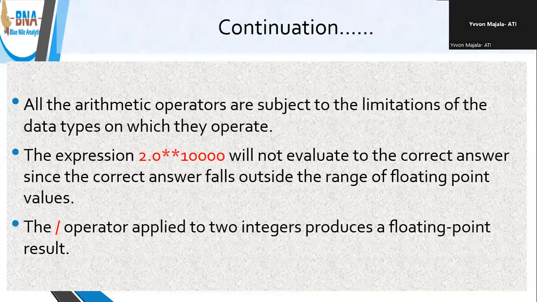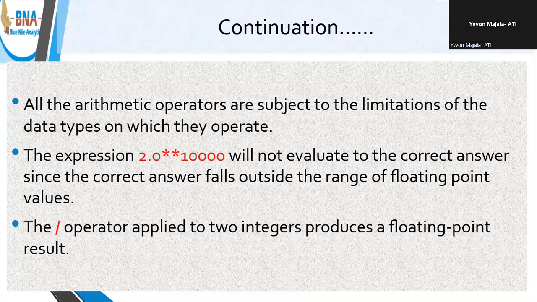All arithmetic operators are subject to limitation of the data types in which they operate. So arithmetic operators can be affected by the data types. For example, if you have a float and you multiply by an integer, you will get a float. For example, the normal division, not the integer division, gives you a float.